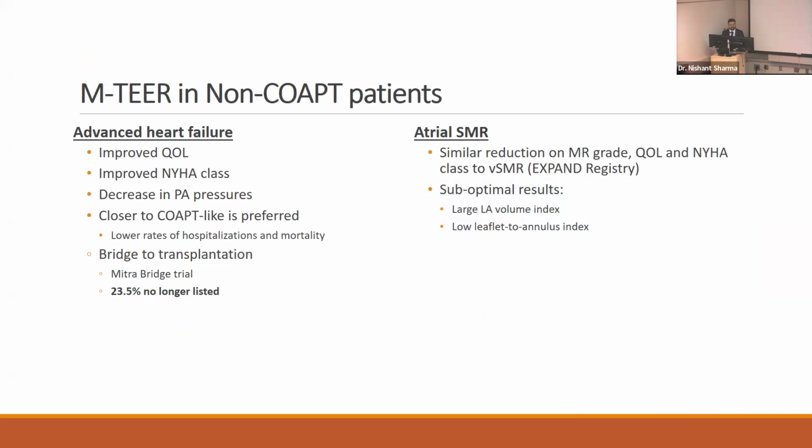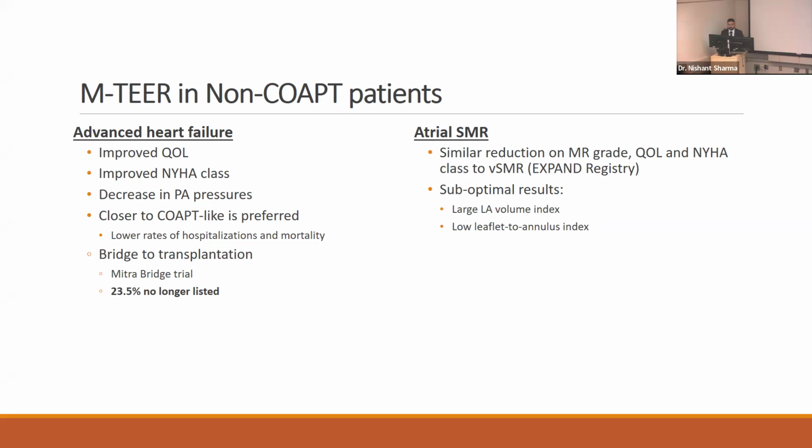There's extended evidence for patients that don't meet the COAPT criteria, and I'll touch on that at the end. A lot of movement in the advanced heart failure setting, so patients with very bad LV function, where there's actually really good outcome data. In transplantation, they've found that in certain sub-cohorts of patients, they've actually been relisted and removed from the transplant list.